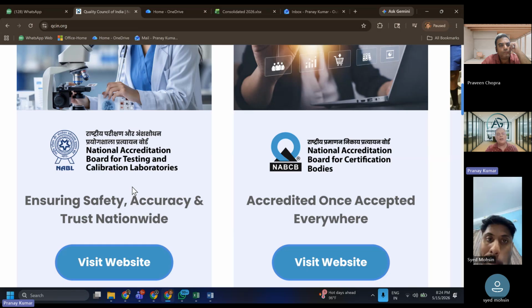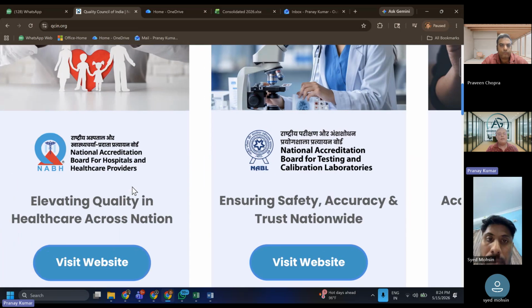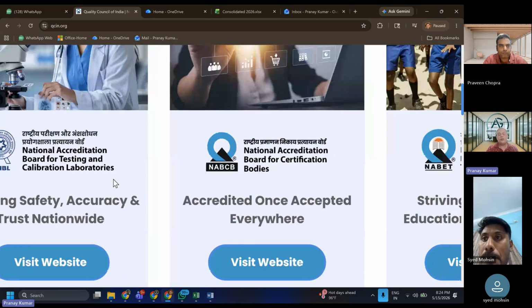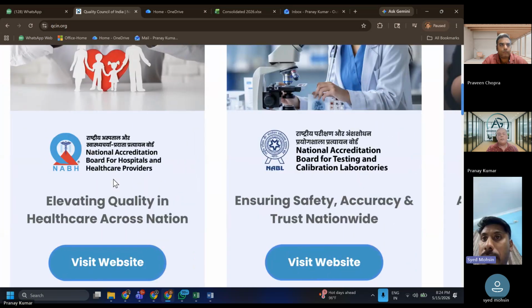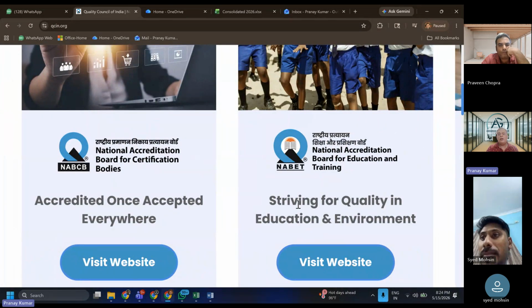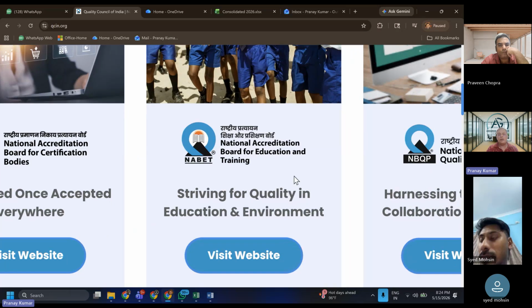If you want to open a laboratory in India, you have to get your approval from NABL. Similarly, for all hospitals, you have a body called NABH. Similarly, if you want to become a training provider of ISO standards or similar things, there is a body that approves training bodies called NABET.